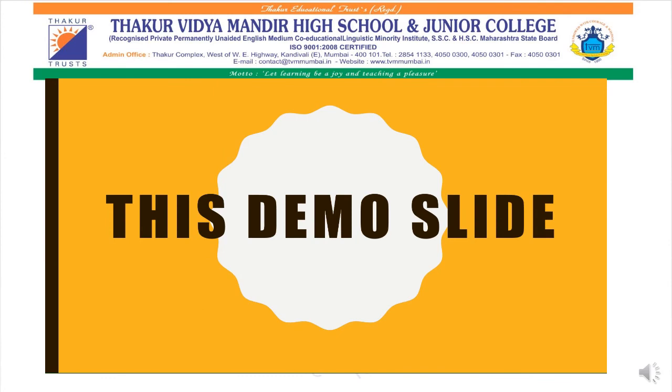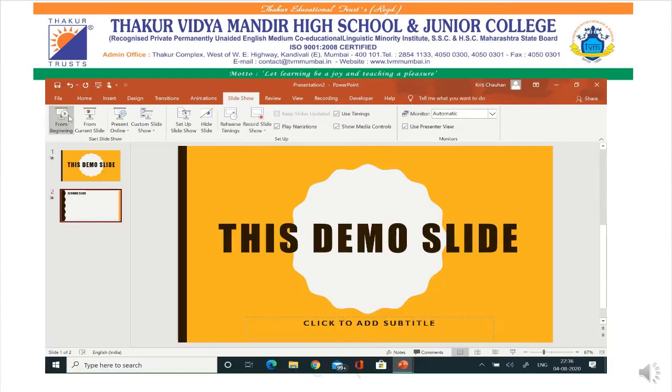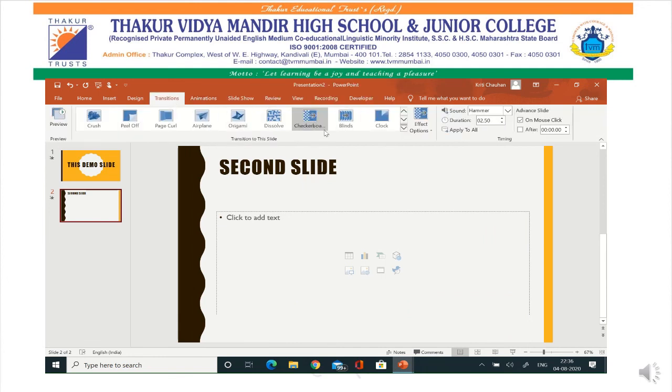This is my first slide, and in the second slide I can see the same transition effect is applied. That means if you select any one transition effect from this option and say apply to all, the entire set of slides, however many slides there are, will have the same transition effect.